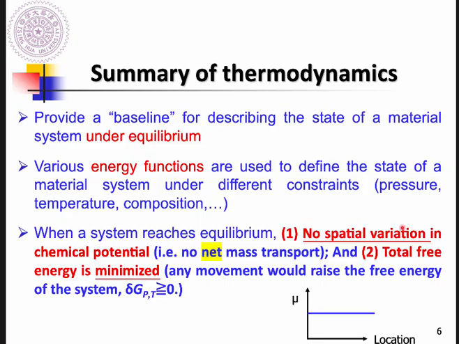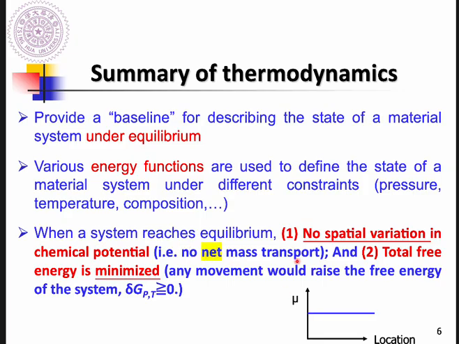No spatial variation in chemical potential also means that there is no net mass transport. Yes, the atoms still jump to the right-hand side and to the left-hand side. But if one atom jumps to the right-hand side, there must be another atom jumping to the left-hand side.